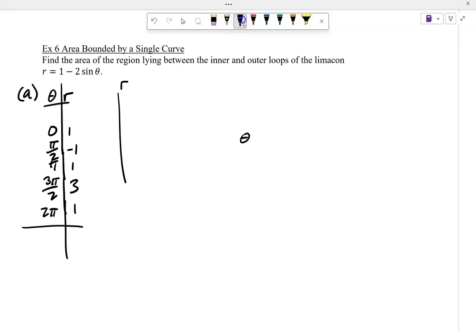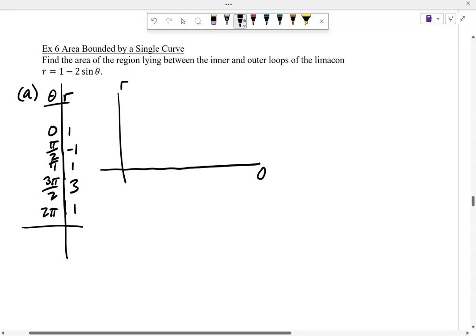Let me move that down a little bit. Zero, 1, pi halves, -1, pi, 1, 3 pi halves, 3, 2 pi, 1.